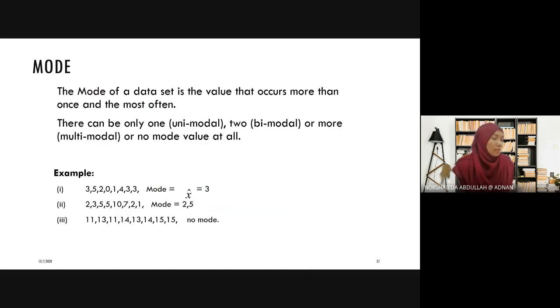So the third measure of central tendency is mode. Mode measures the data that occurs the most in the data set, right?